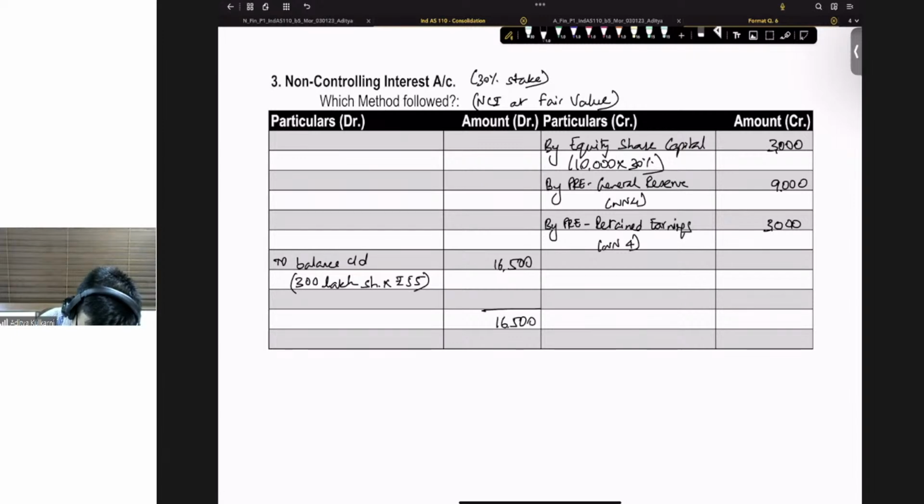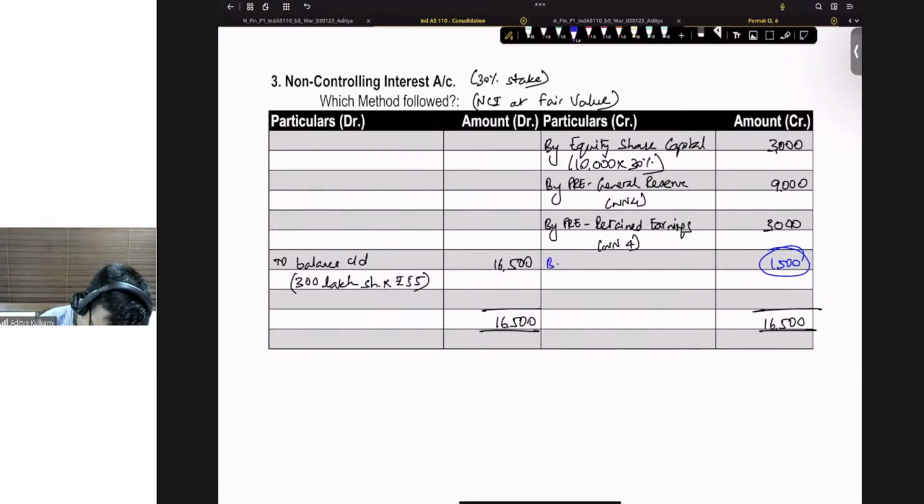This is 16,500. So you will be left with a balancing figure of 1,500. Make it a habit to circle your balancing figures.